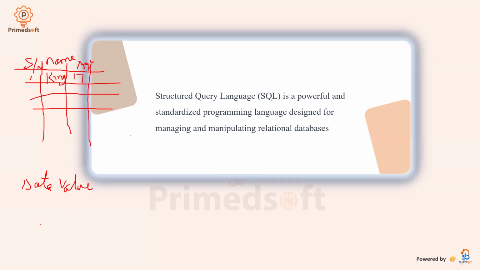But a combination of data values gives us a record. And what is the combination of data values? Everything around here gives us a record. And can a record be just one data value? Yes.